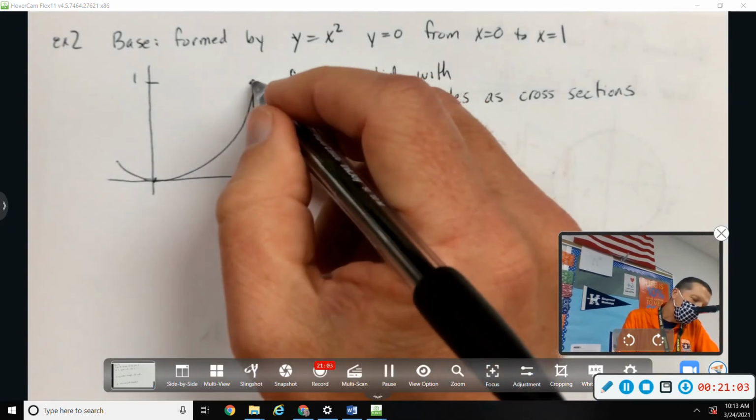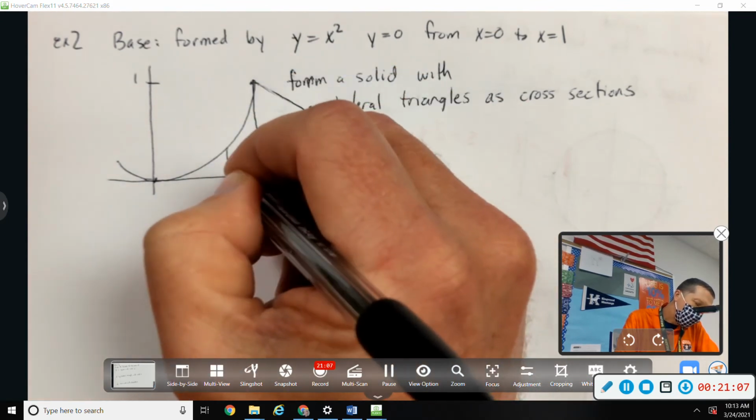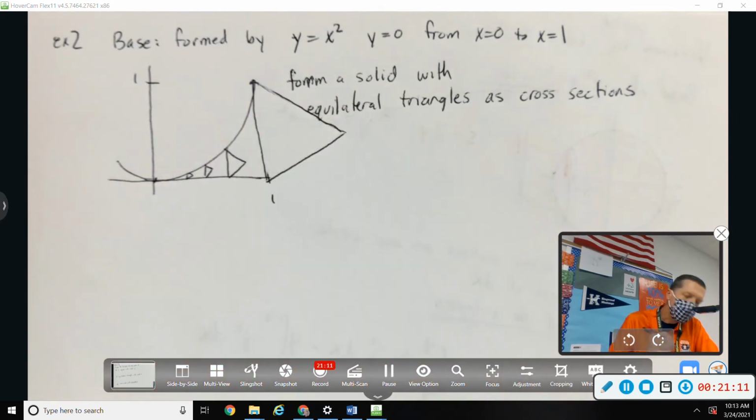So on the far end, I've got this big triangle coming up out of the page. You know, halfway through it's a little bit smaller. Over here it's even smaller, smaller, and so on. So I want to add up all of the triangles.